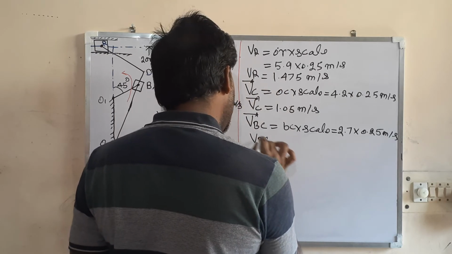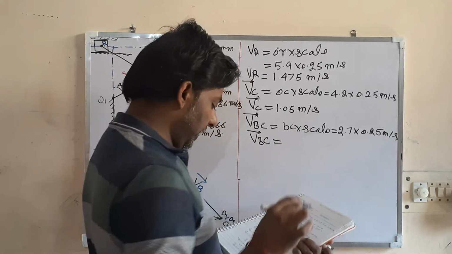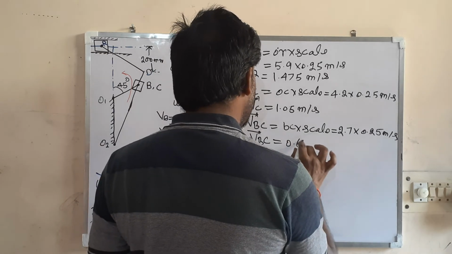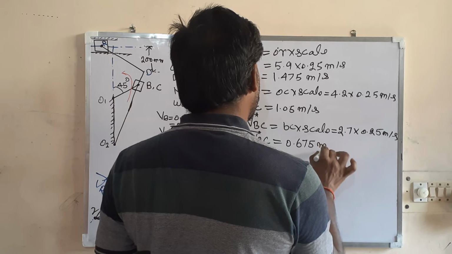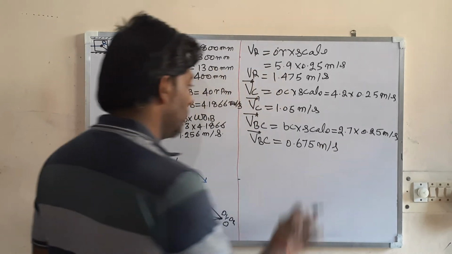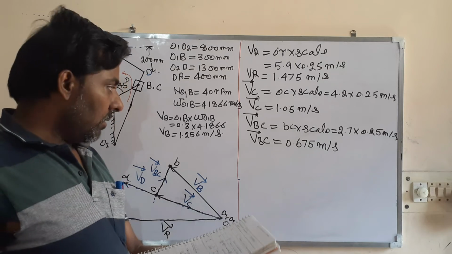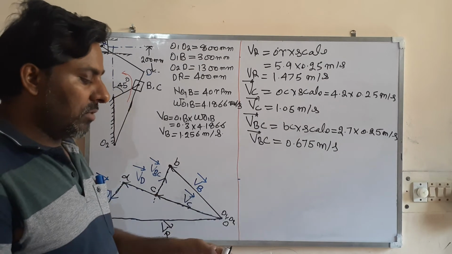So I am getting velocity of point B with respect to C as 0.675 meter per second. Okay, this thing I have calculated.